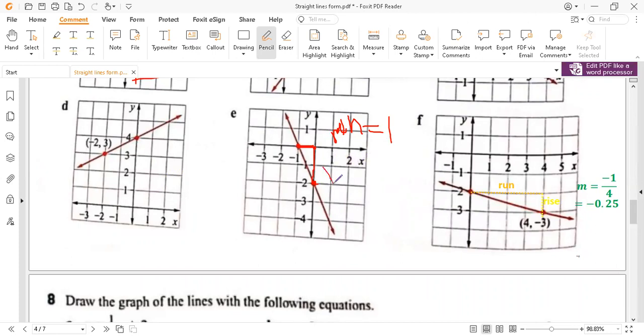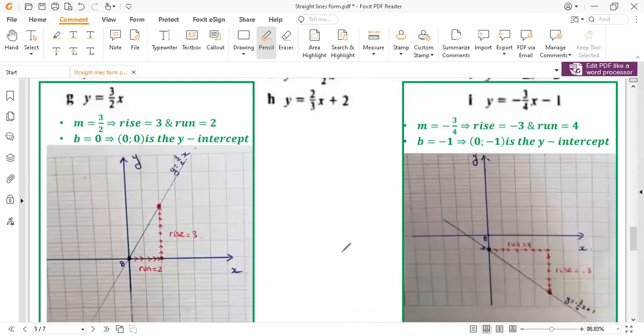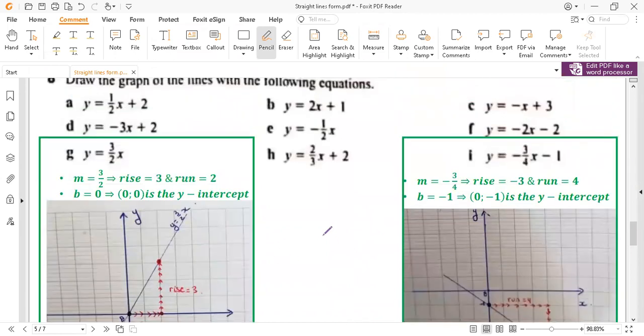So the rise equals -2. So -2 over 1, that is -2, is our gradient for this line. It is easy to find all the information that we need here.